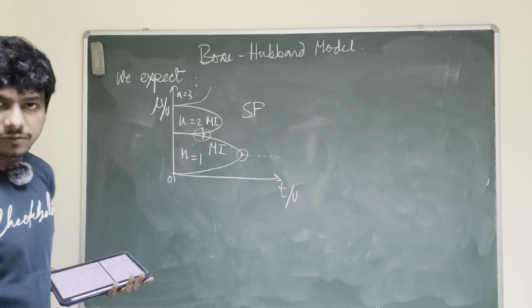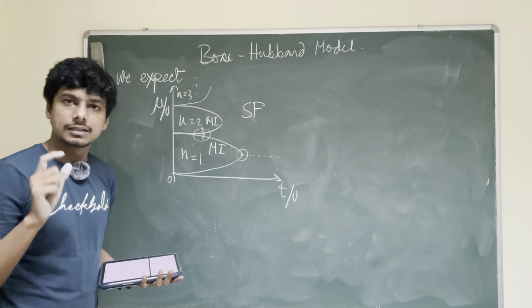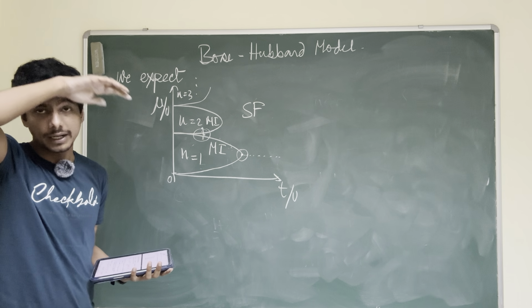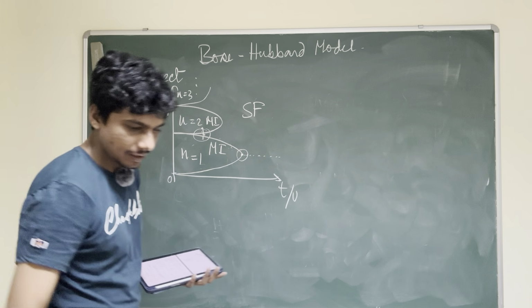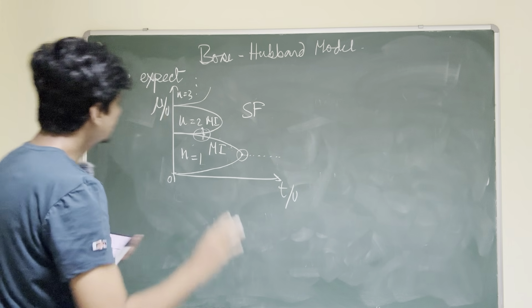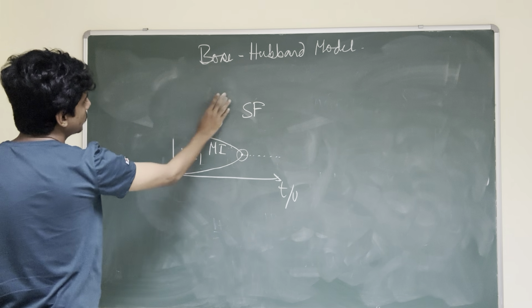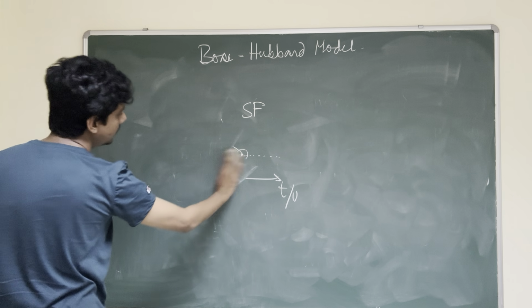So we want to find the value of the critical hopping and all that. And then there is a trick, because it's a nonlinear model, so we can solve it by mean field theory.